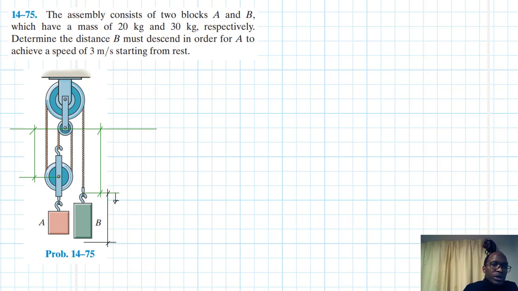Okay, let me extend this line just a little bit. Alright, so let's say it ascends up to somewhere there, like so. Okay, so for our references, we have this direction like so.